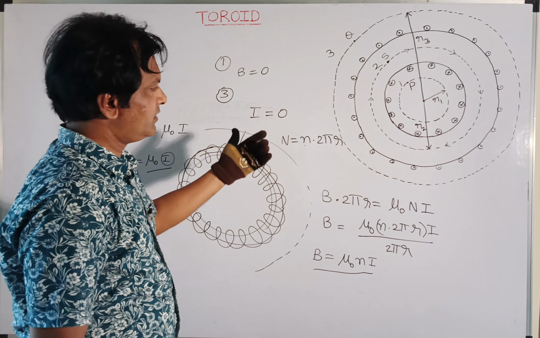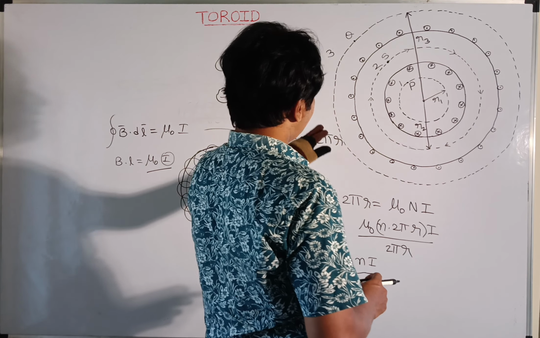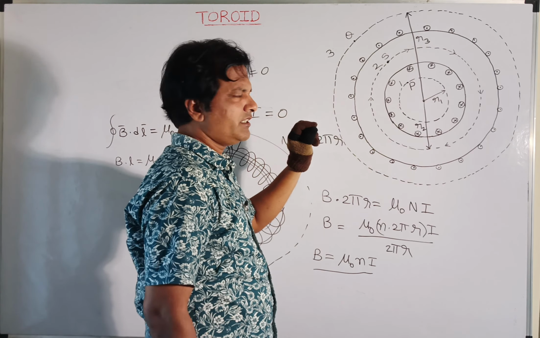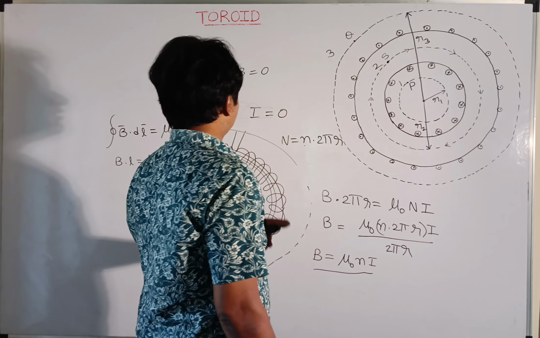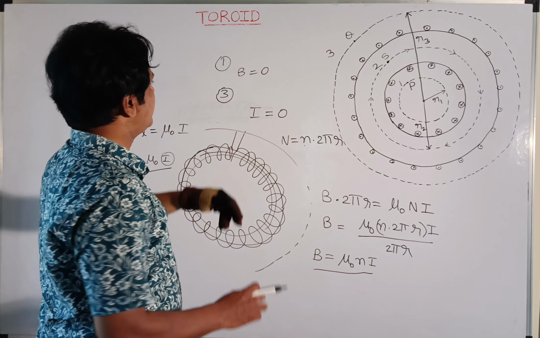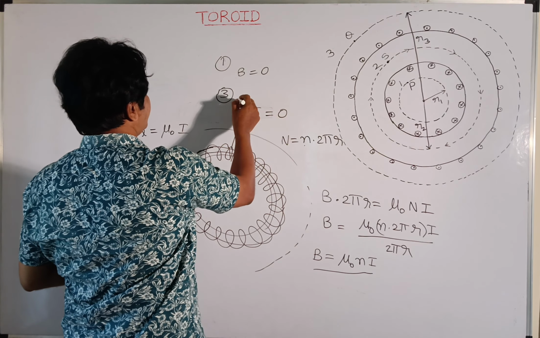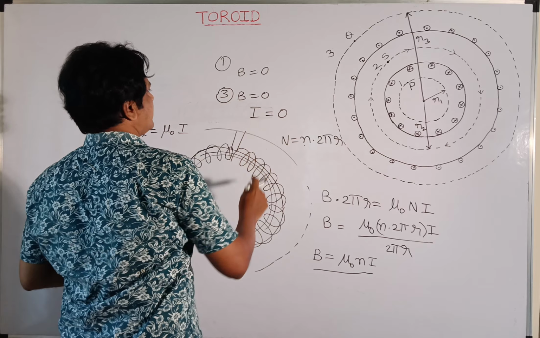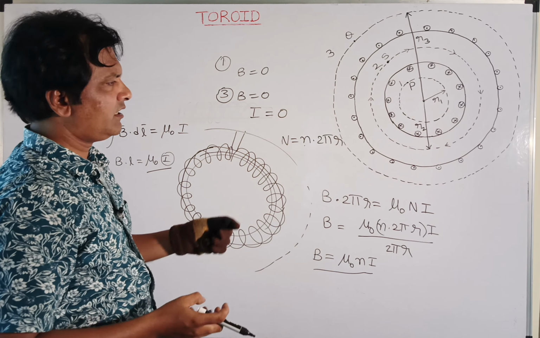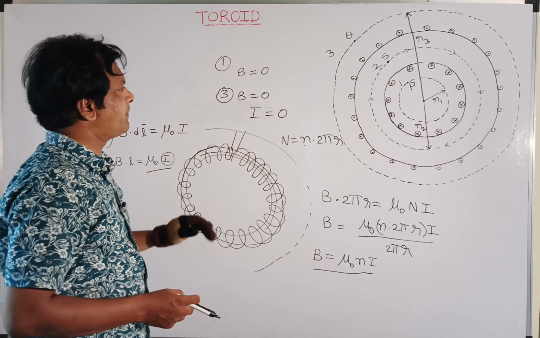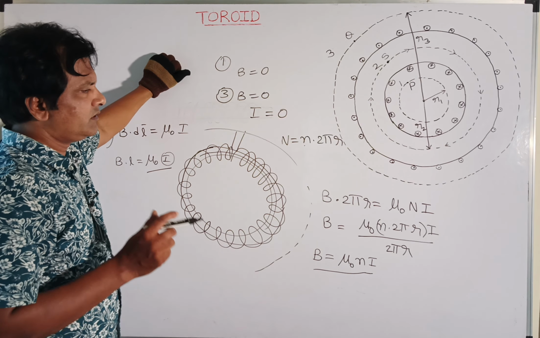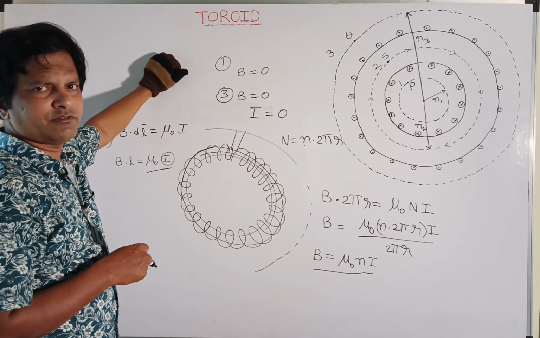But in actual circumstances, there will be a little magnetic field outside and inside, where we supposed to have taken it as 0 at loop 1 and loop 3. But in realistic conditions, the magnetic field will be very slightly present. Okay, so this is the concept of the toroid.